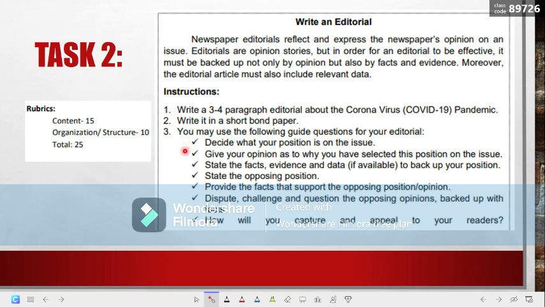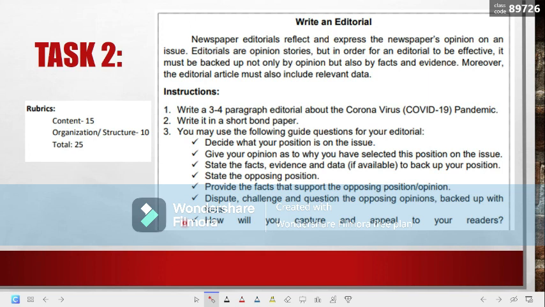Give your opinion as to why you have selected this position on the issue. Then state the facts, evidence, and data, if available, to back up your position. Then state the opposing position. Provide the facts that support the opposing position or opinion. Dispute, challenge, and question the opposing opinions backed up with facts. Then, how will you capture and appeal to your readers?